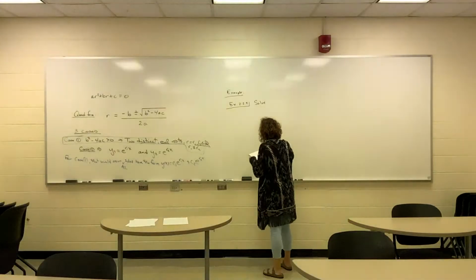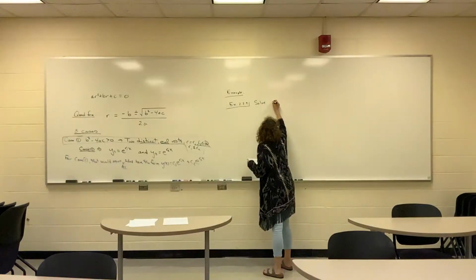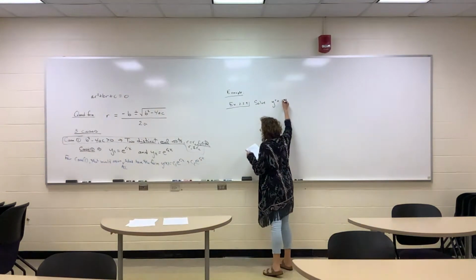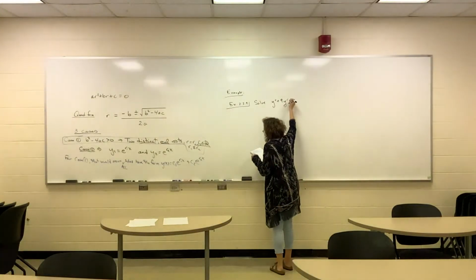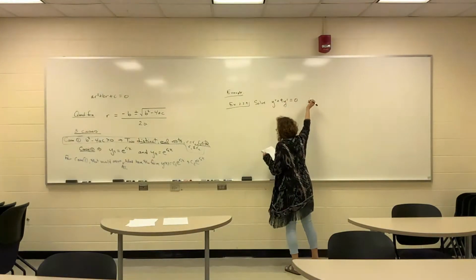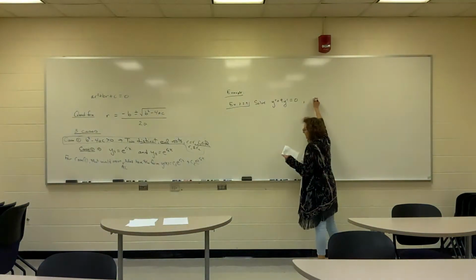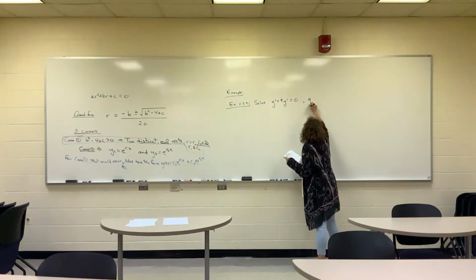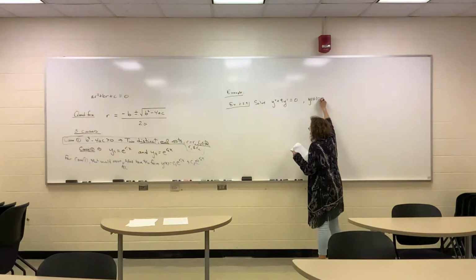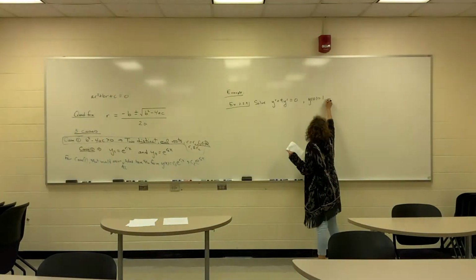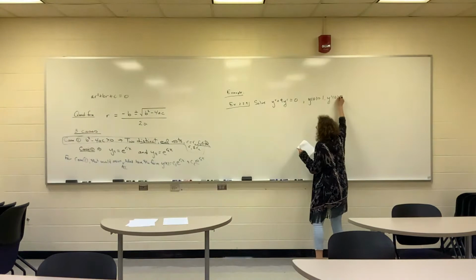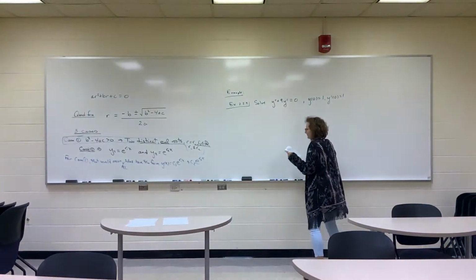All right, so solve what? Here's the equation. y double prime plus 9y prime is equal to 0. And then we're going to throw on some initial conditions as well. y at 0 is equal to 1, and y prime at 0 is equal to 1, okay?